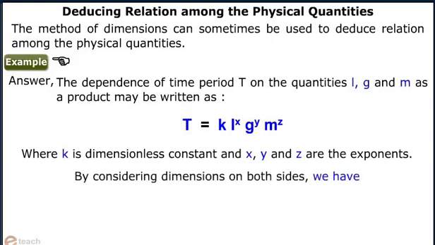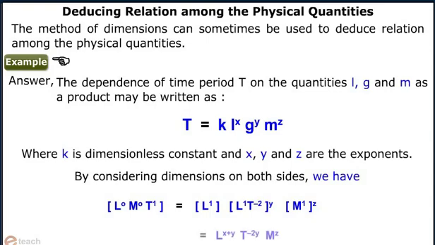By considering dimensions on both sides, we have L0 M0 T1 equals L1 raised to the power x, L1 T^-2 raised to the power y, M1 raised to the power z, which gives L raised to the power x plus y, T raised to the power minus 2y and M raised to the power z.